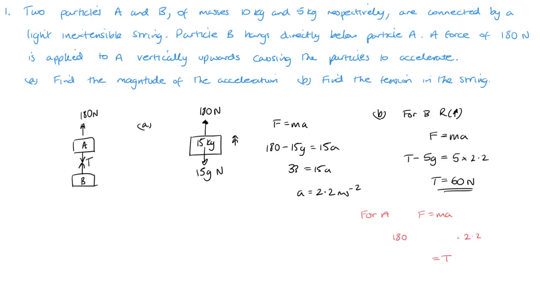Sorry, that's wrong. 180 minus T minus 10g equals 10 times 2.2. So 180 minus 10g is 82, minus 22, so T equals 60 newtons. So exactly the same, but a little bit more complicated when taking A, much easier to take B in this case.